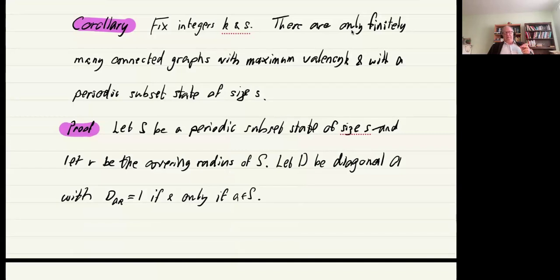This is the maximum distance, I'll call it delta, such that any vertex of the graph is within delta of some vertex in S. Another way of thinking about it is that each vertex in a graph has a ball. You can define a ball of radius r, all the vertices at distance at most r from that vertex. And so the covering radius is the least r such that the balls of radius r about the vertices in S cover all the vertices of the graph. For a single vertex, the graph theorist will call this the eccentricity.